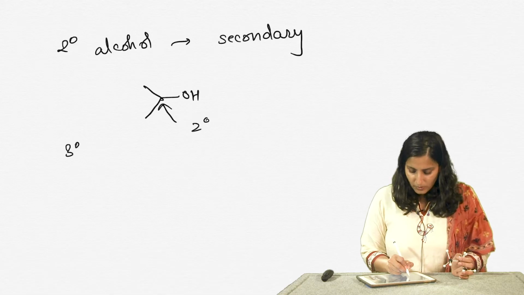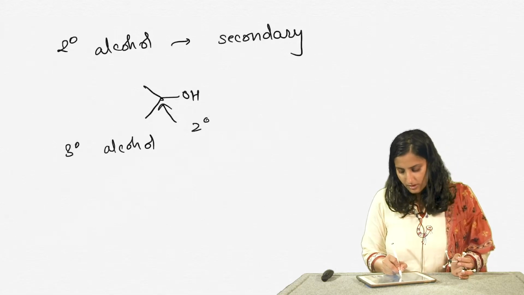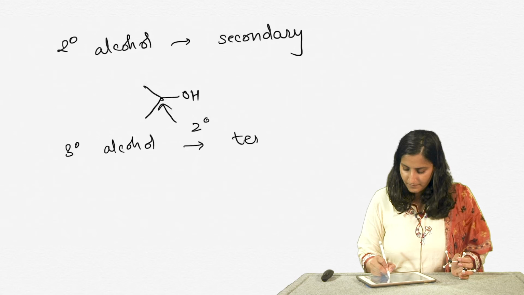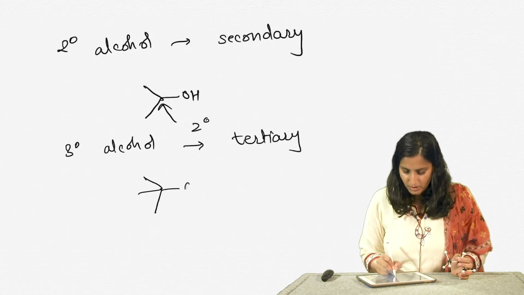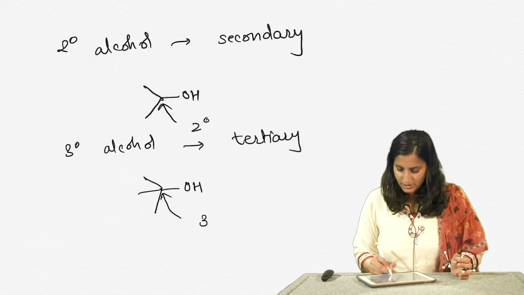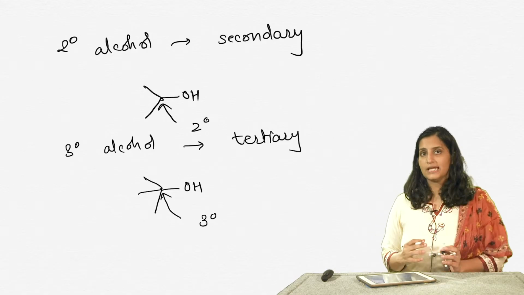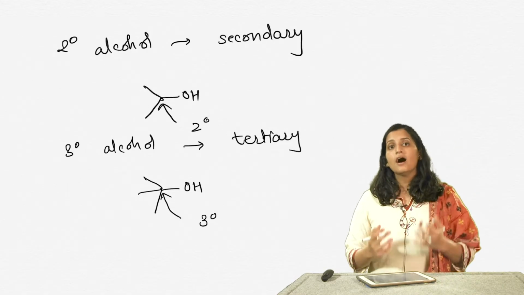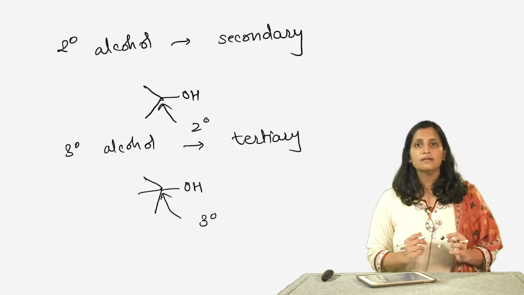A tertiary alcohol will be such that tertiary butanol, and the carbon here which is attached to the OH group is tertiary in nature, it is attached to three other alkyl groups, right.